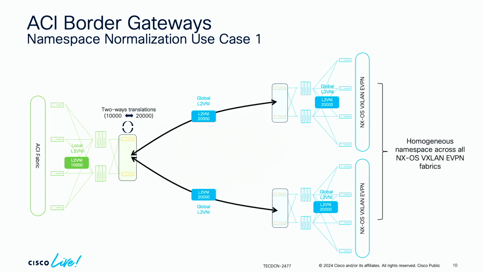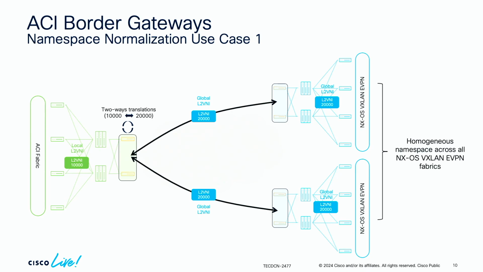So there will be control plane and data plane usage of that 20,000 VNID value, so that when I send traffic from an ACI fabric border gateway to a VXLAN EVPN fabric, I will use the value that means that subnet on the VXLAN side, so that when the fabric gets it, it's like, oh, I need to do the lookup in VNI 20,000, and that allows layer 2 connectivity.